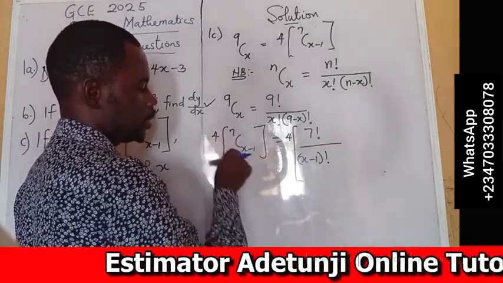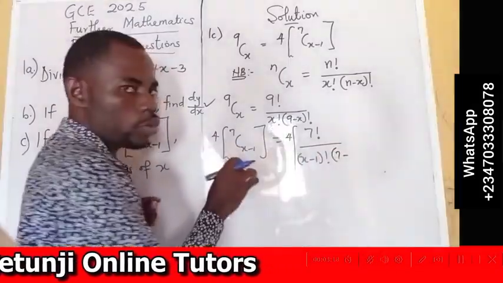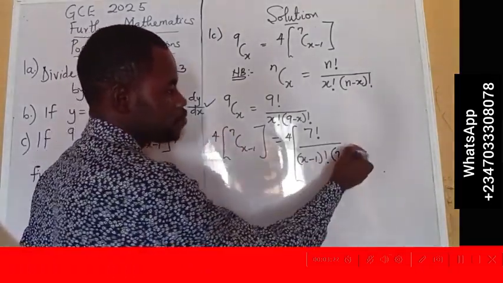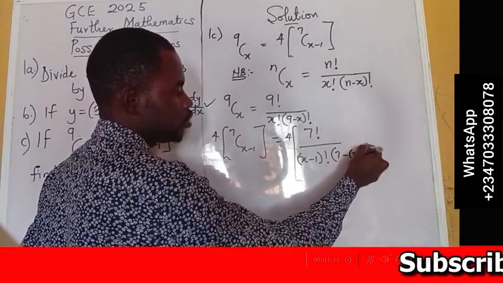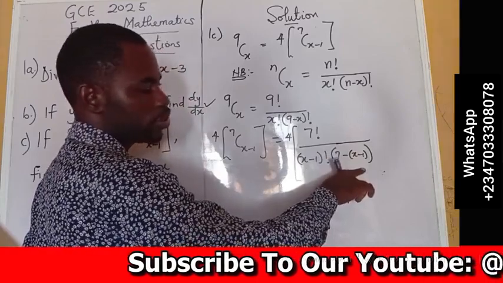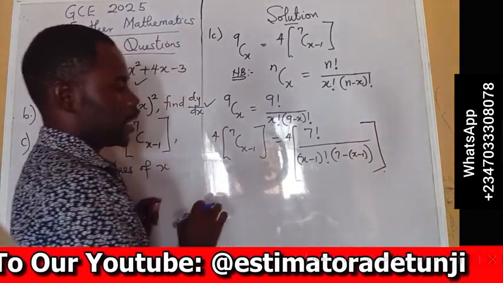Yes, now finally 7 minus, see the way I'm applying it, you don't need to rush when you are doing it. 7 minus x minus 1. If care is not taken, that minus can manipulate things for us here. That's why we need to calm down whenever you are doing something like this. Now here we go.